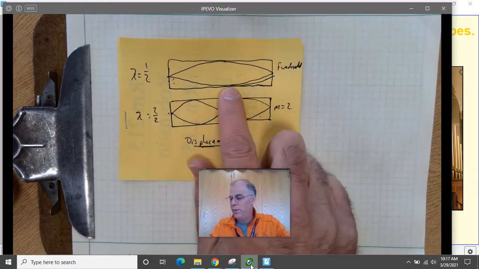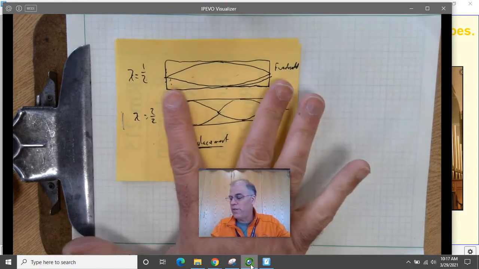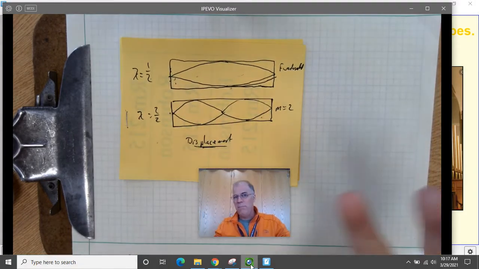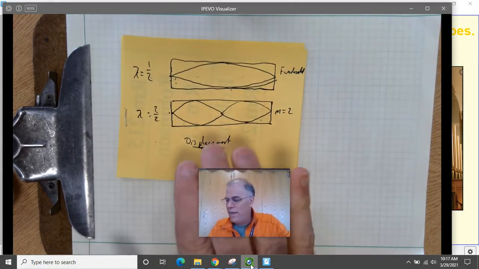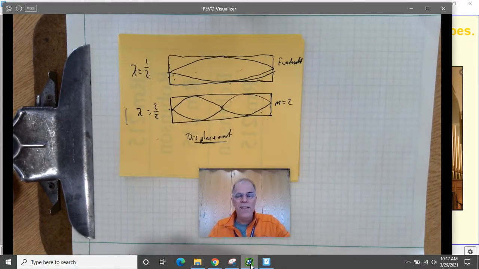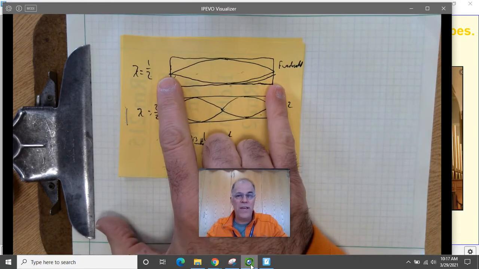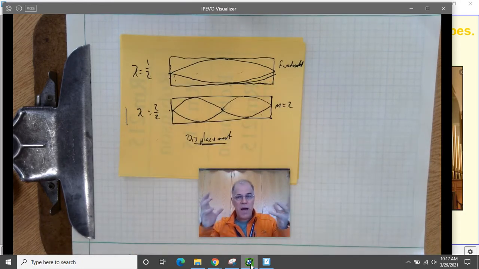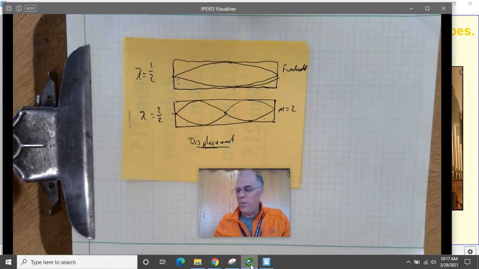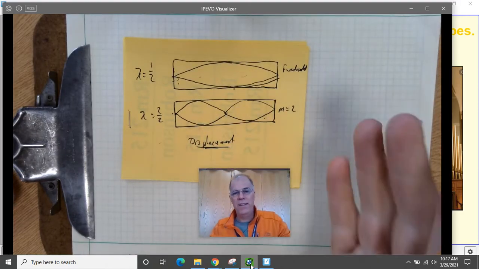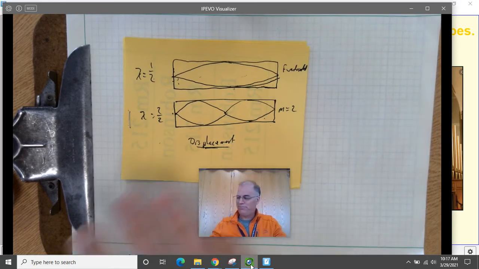So sometimes they will build buildings with acoustics that take advantage of this, or maybe neutralize it, maybe avoid it. But if you're walking down a hallway and you sing a note, you can make it resonate. Singing in the shower works really well like that, because the sound can bounce off the floor and the ceiling, and you can get basically a closed-end resonance and make the air in the shower resonate, or in a stairwell. But musical instruments aren't made this way. Musical instruments are always open at least one end and sometimes both.